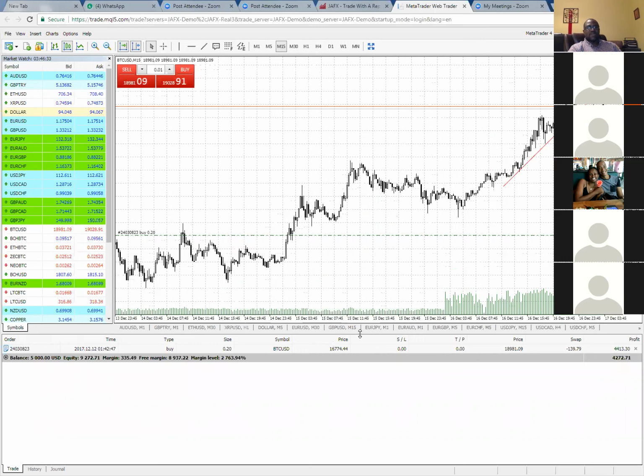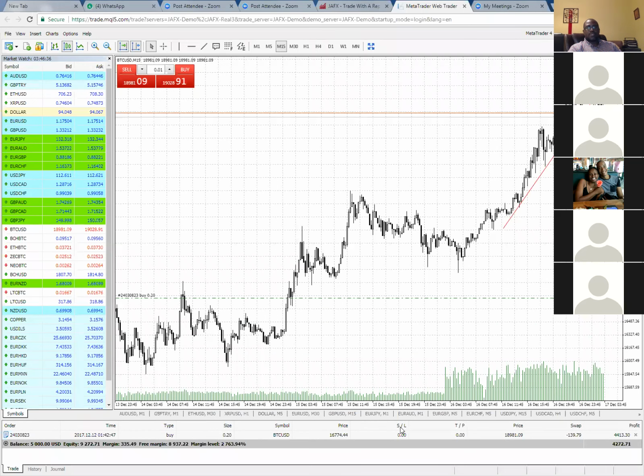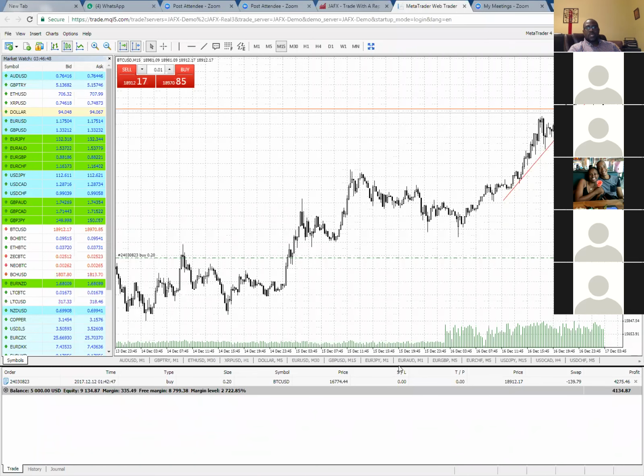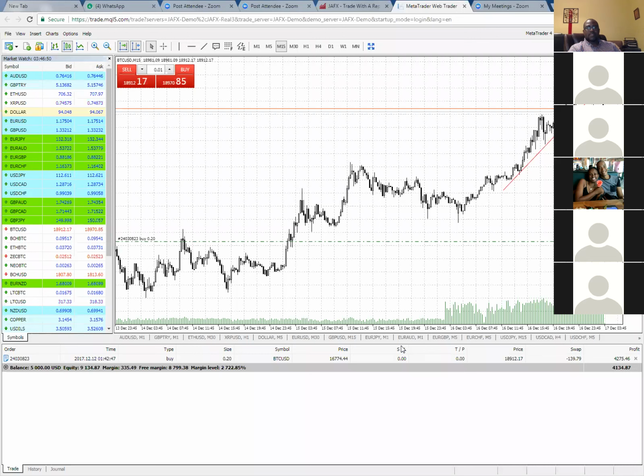The account is a $5,000 account, and the account is almost double at this particular point in time, because we came into this trade the last time around and we had agreed that Bitcoin was displaying some very bullish tendencies, and we stepped into the market when Bitcoin was 16,774.